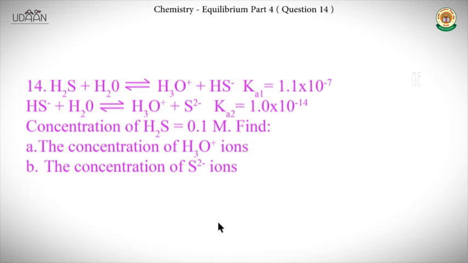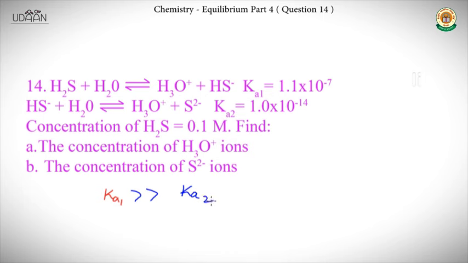So how will we proceed with this question? Yeah, so this is an example of a dibasic acid. A dibasic acid can release two H plus ions in aqueous solution. But here we see that the Ka1 of the acid is much greater than the Ka2 of the acid.